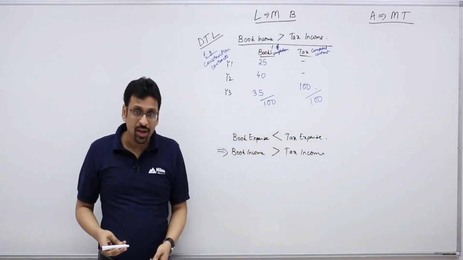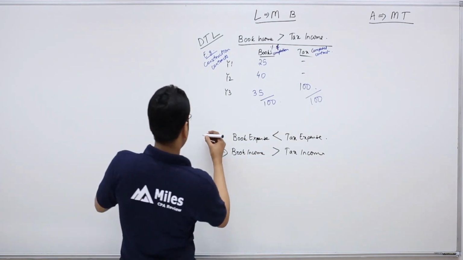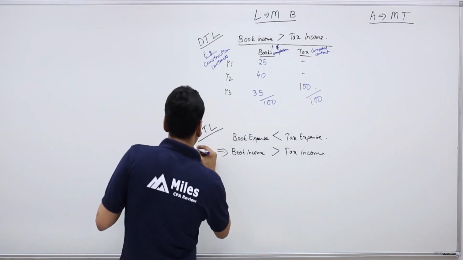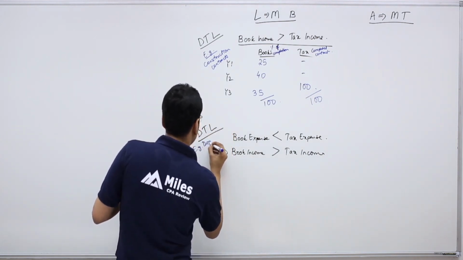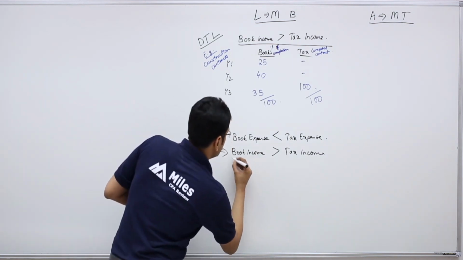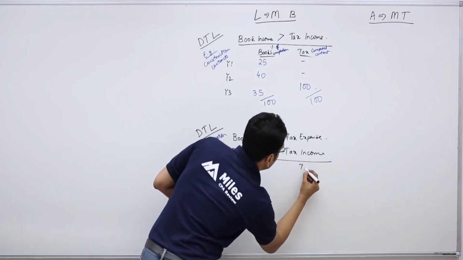So let me give you an example for depreciation. Again, we're looking at DTL, and your example here relates to depreciation. So you have your books and your tax return.